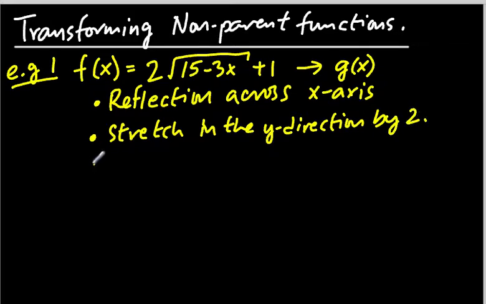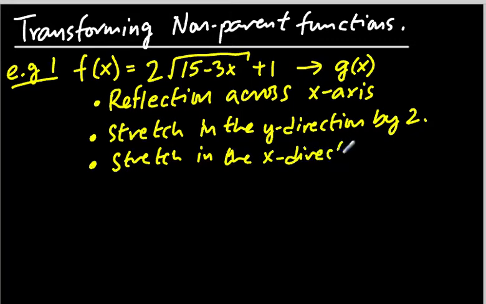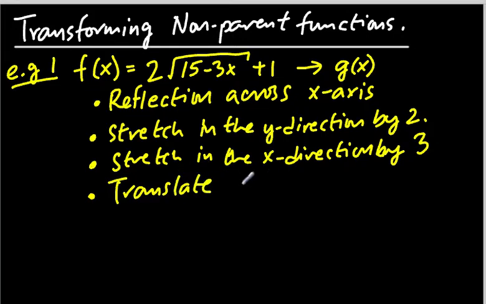Then I'm going to say it's a stretch in the x direction by a factor of 3. And then finally, I'm going to translate by 2 to the left, so that's negative 2 there, and 5 up.